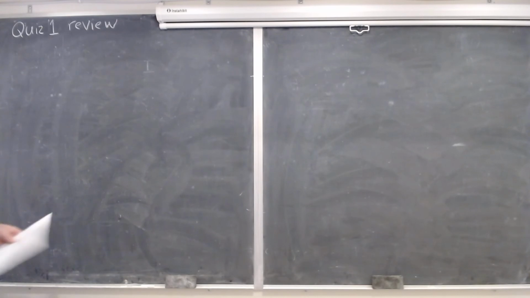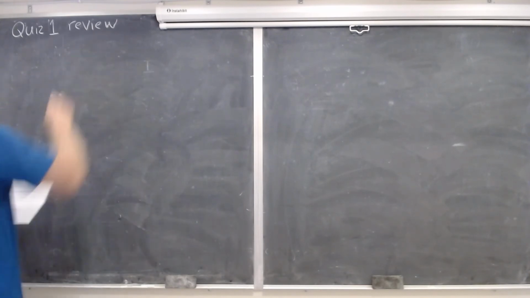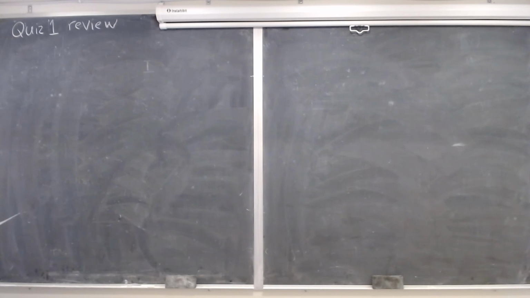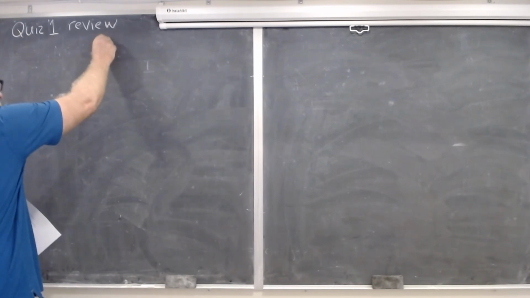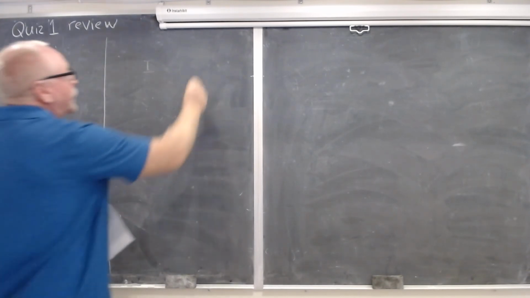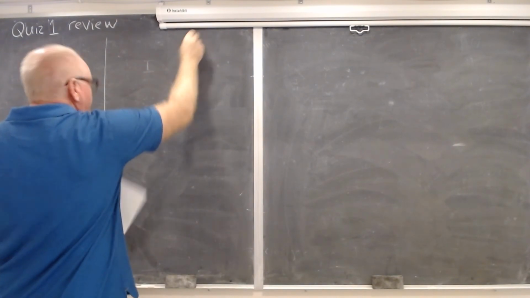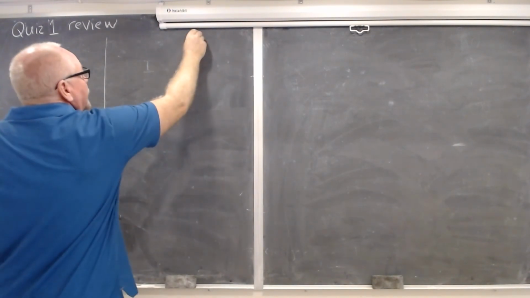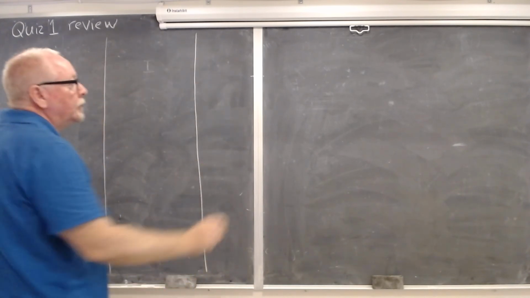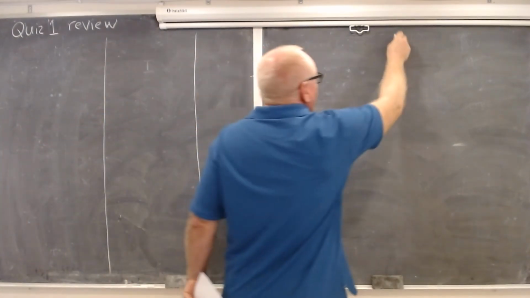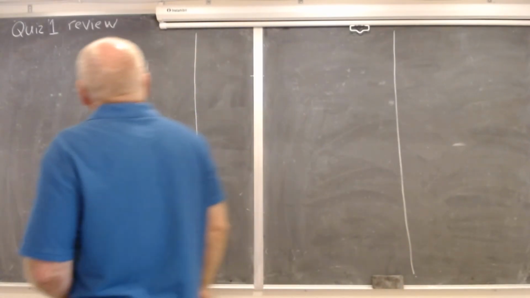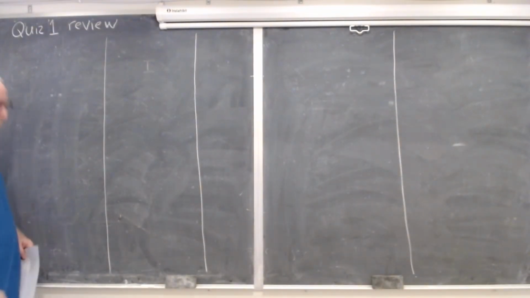Okay, so let me count here. 1, 2, 3, 4, 5. So I'm going to divide the board up. And there are roughly 5 areas that we've covered.